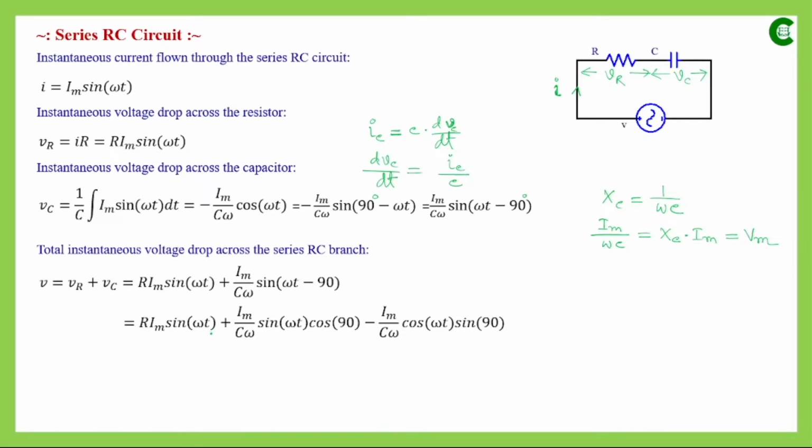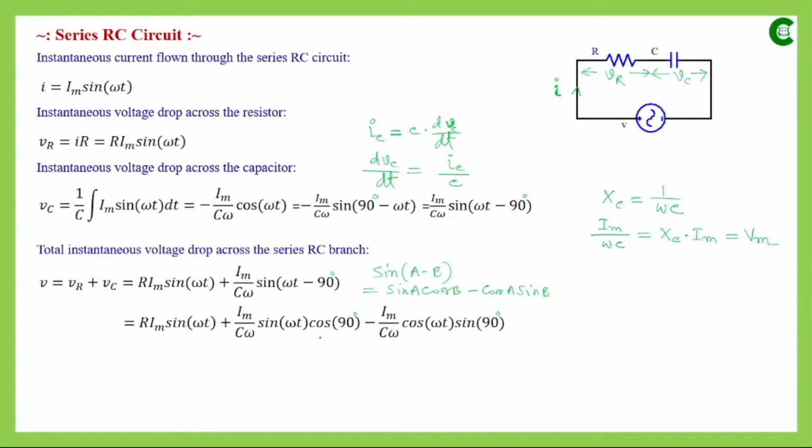Now Rim sin omega t, let it be that value because it is already sinusoidal, it has the nature of a sinusoidal wave. Now we are expanding this sine term which has the format sine A minus B, and we know that it is sine A cos B minus cos A sine B. So here omega t is A and 90 degree is B. So it will simply be sine omega t cos 90 degree minus this constant Im by omega c, then cos omega t sine 90 degree.